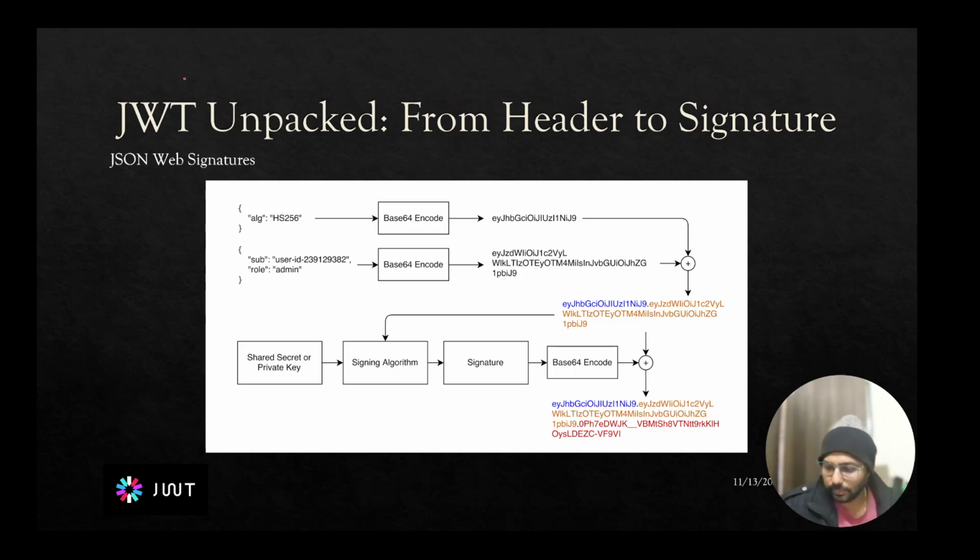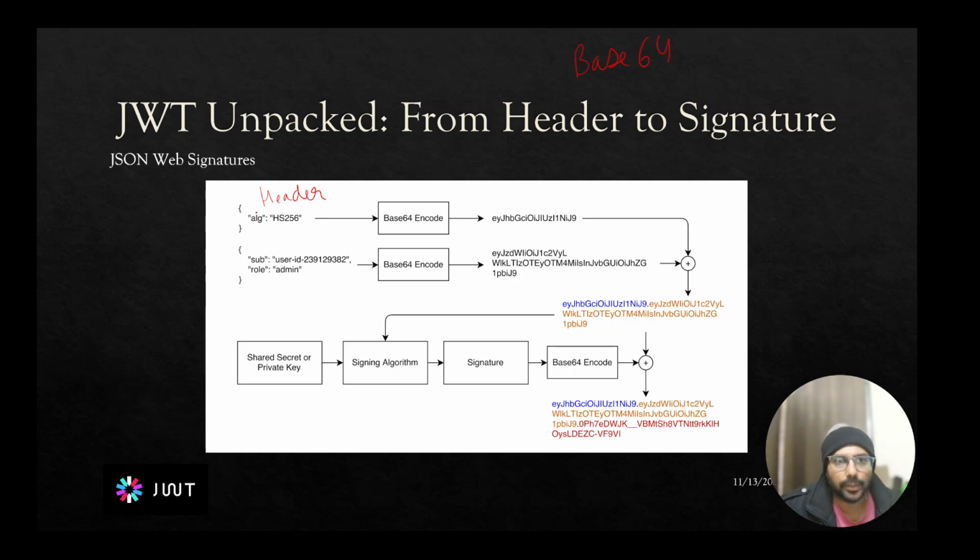As you are aware, it is base 64 encoded. Now this is your header. It has information about your algorithm, HS256 or RS256. This is base 64 encoded, and you can find online tools to encode and decode base 64.